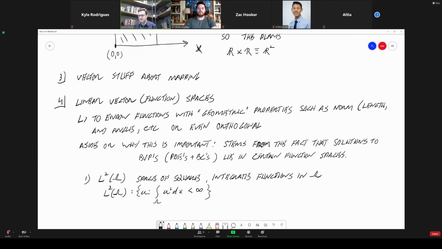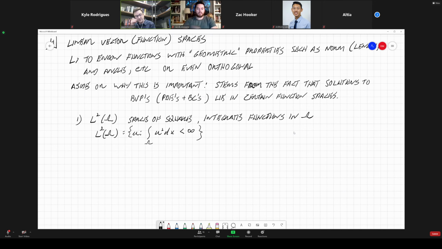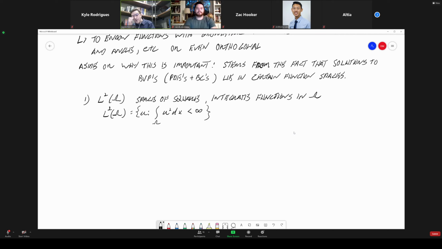That has to be true. I have a couple of examples here. This is basically just a test to make sure that whatever your function is, it is valid in the function space.